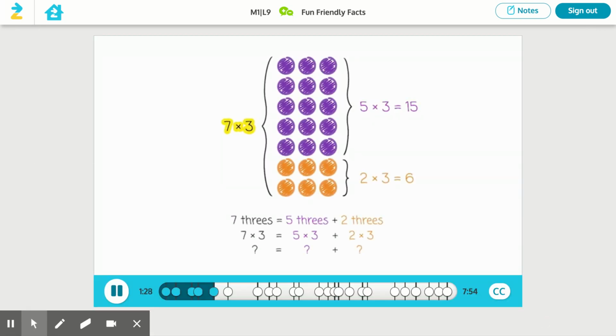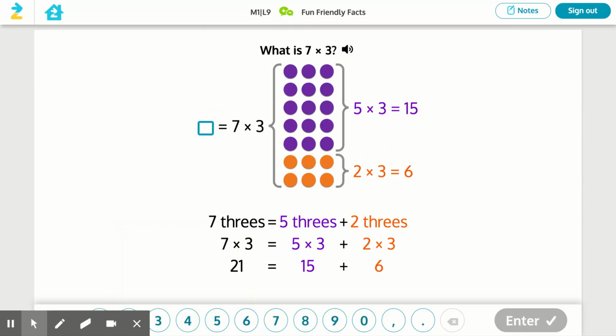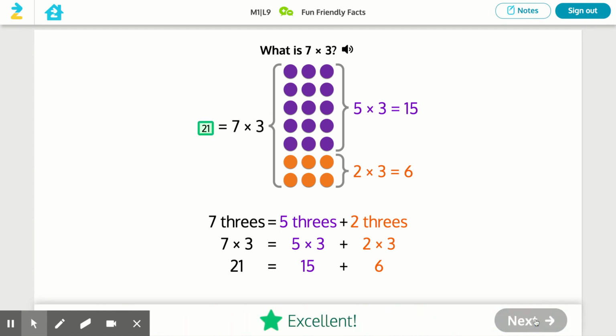We're solving 7 times 3 by using other multiplication facts to help us. 7 times 3 equals 5 times 3 plus 2 times 3, which equals 15 plus 6, or 21. Put it all together. What is 7 times 3? And we have already said that 7 times 3 equals 21.